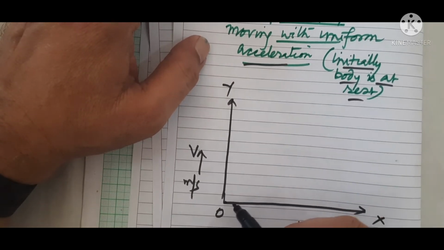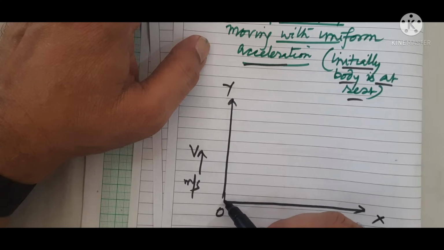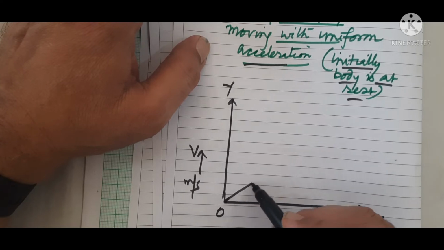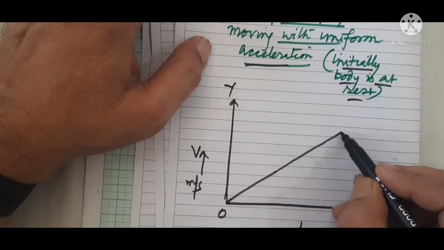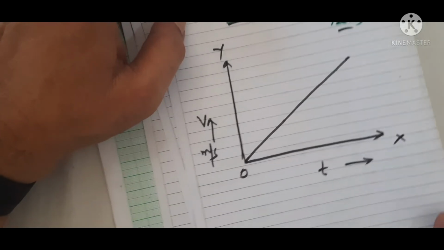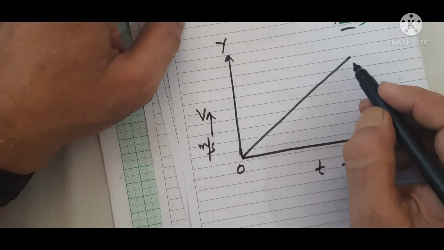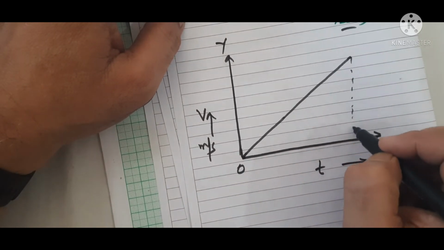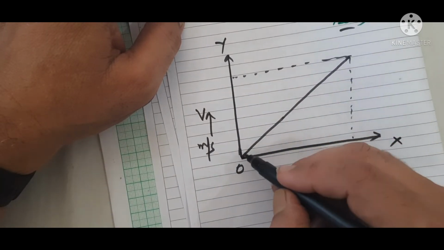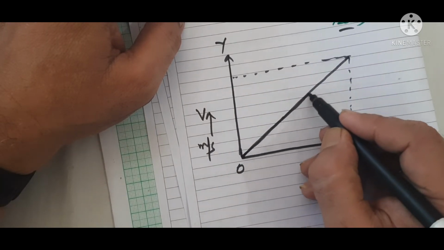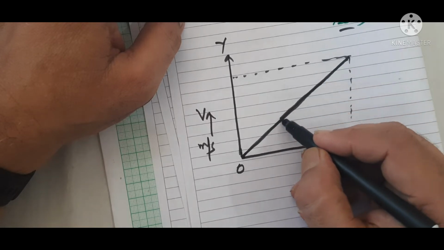Now uniform acceleration means equal change in velocity in equal intervals of time. So the graph goes like that. That should be the graph, a straight line, not a curve, a straight line passing through the origin.